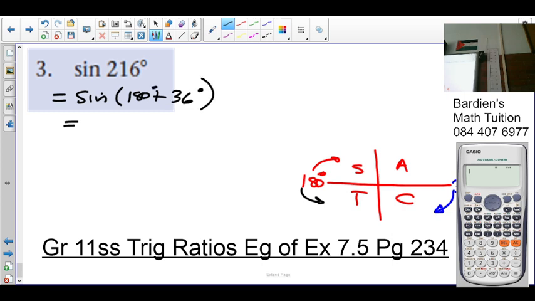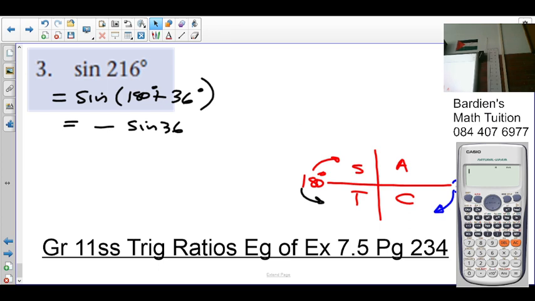So we said sine is positive or negative in the third quadrant? Negative. So it's negative sine 36. Why didn't I change that to cos of 36? Only when it's 90 or 270, sine changes to cos, cos changes to sine, and tan changes to 1 over tan. Okay.